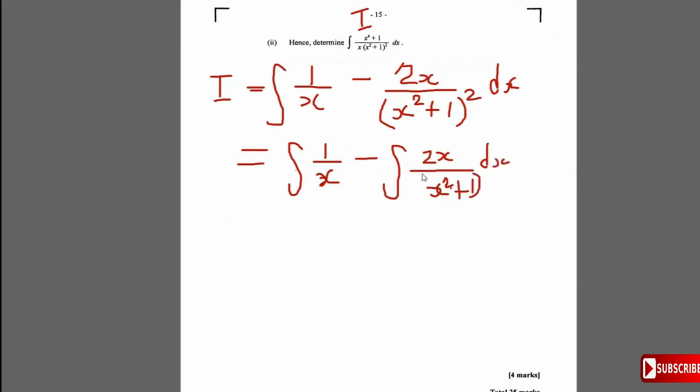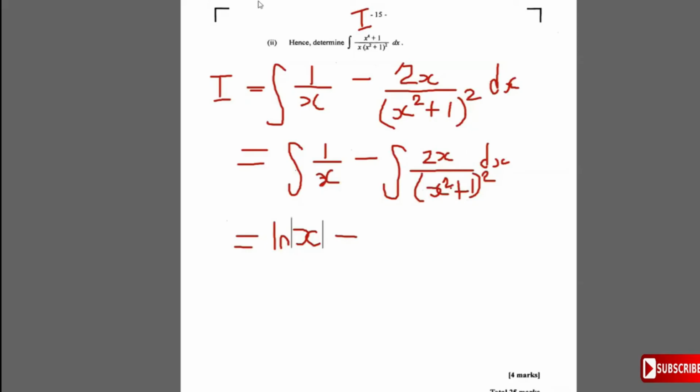So I separate it into the difference of two integrals. Now the integral of 1 over x is ln x. You can put mod x if you want, it doesn't matter. So ln x minus the integral of this.